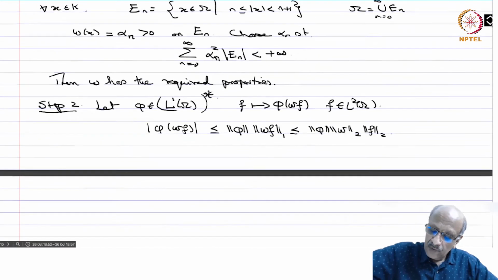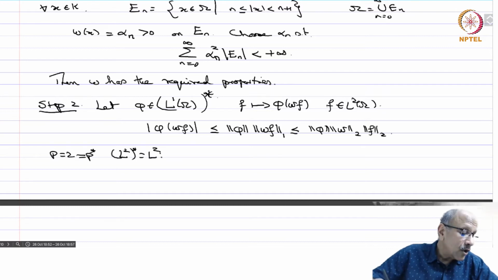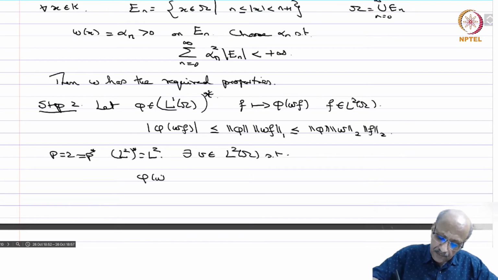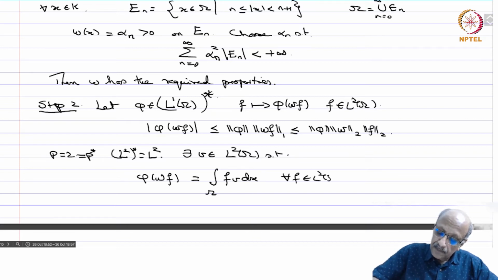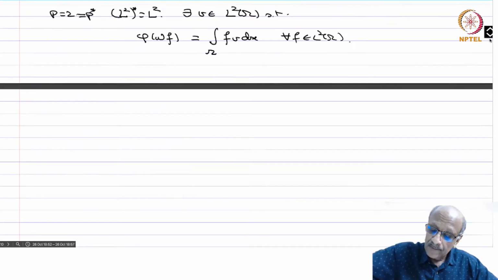But then for L2, p equals 2, which is also equal to p star, therefore L2 star is L2 itself. Therefore there exists v in L2(omega) such that phi(Wf) equals the integral over omega of fv dx for every f in L2(omega), because of the Riesz representation theorem we have already shown for L2.